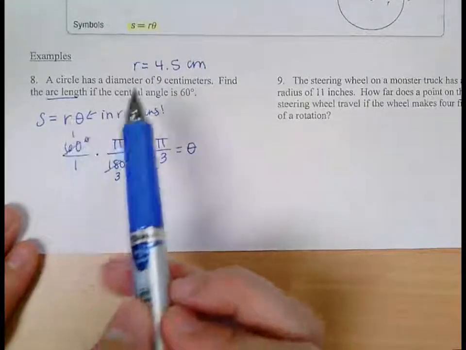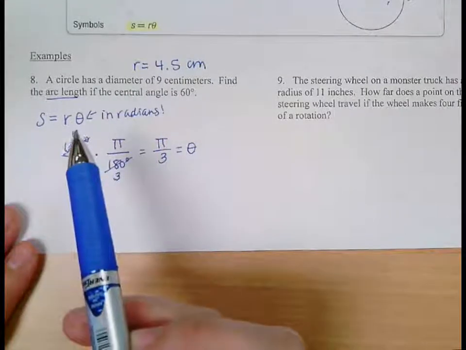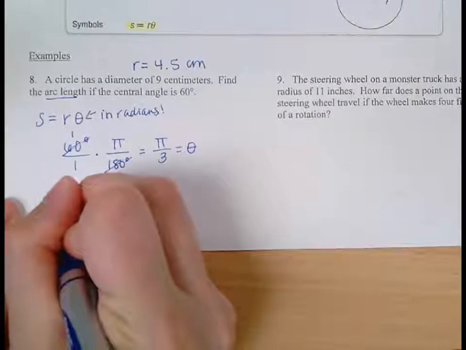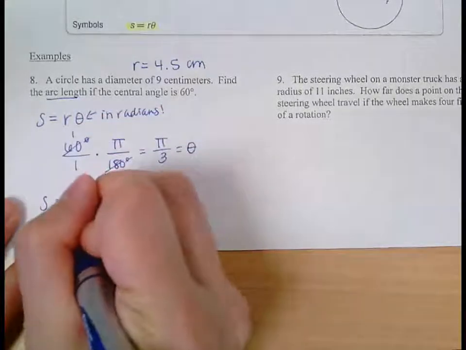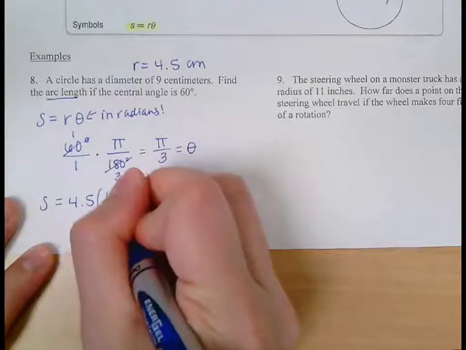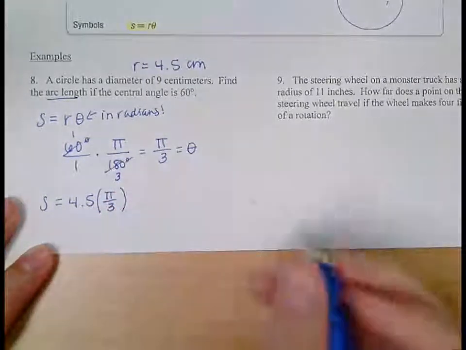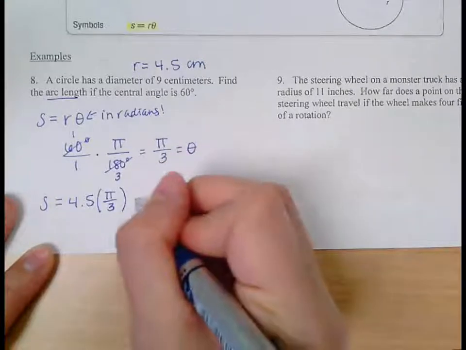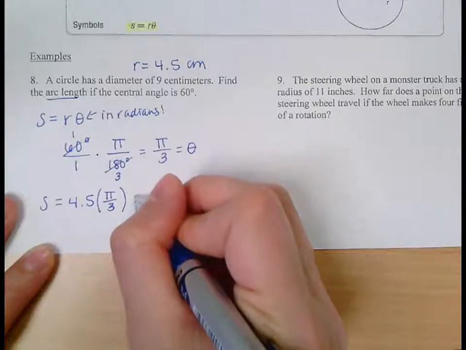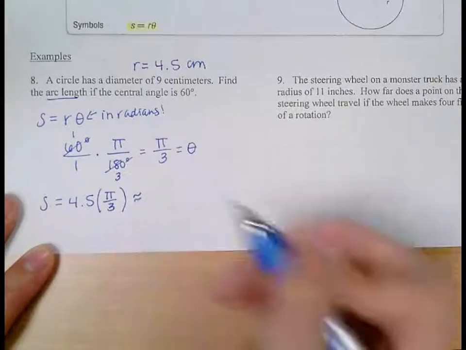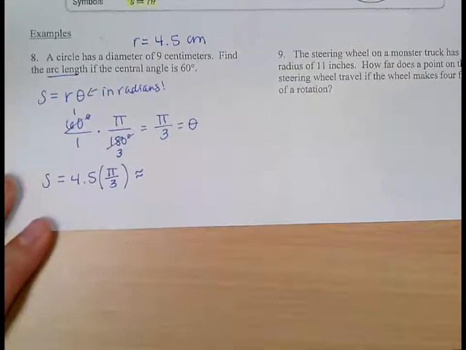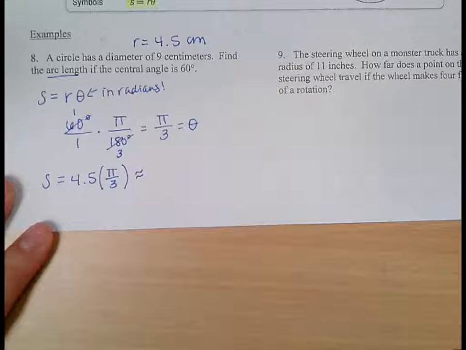We now have everything we need to find our arc length. So arc length S is equal to the radius, 4.5, times the central angle in radians, pi thirds. And this you can approximate, so you don't have to leave arc length in exact form. If you want to approximate it to about 1 decimal place, that's fine.